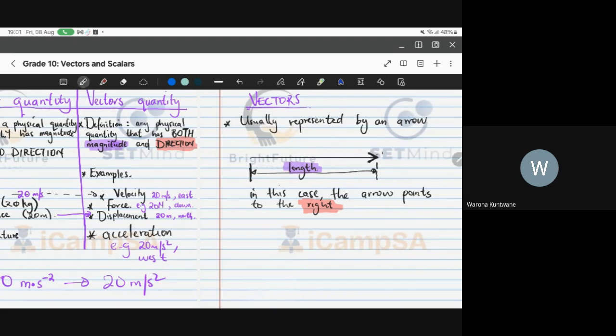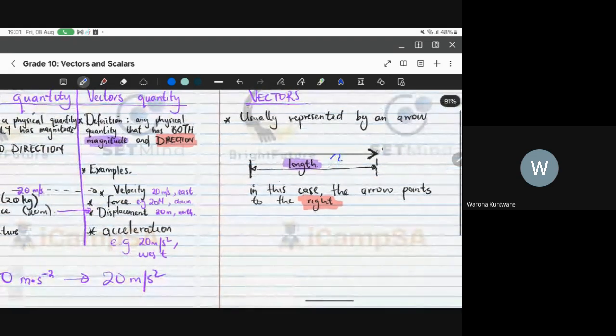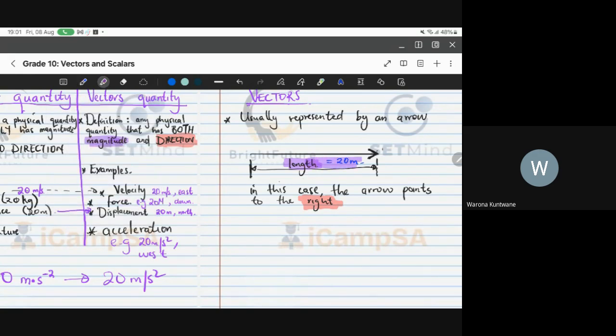So a length, obviously, can be given any length. We can say maybe it's about 20 meters. And then that's your magnitude, the length. And then direction to the right. Good. Now that is how vectors are typically described.